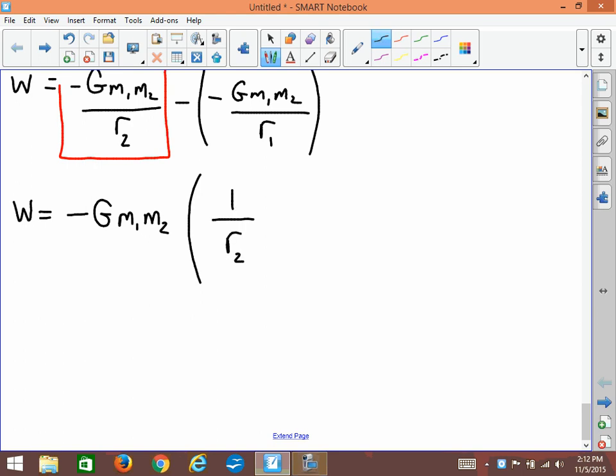R2, not R squared. Now, if you look at what's happening here, these two negatives are going to make this eventually become a positive number. But I'm factoring out a negative. So that's making the whole thing negative again. Two negatives make a positive, factor out a negative, and it's negative again. And that would be 1 over R1. So that just makes it a little bit easier to put all the numbers in.